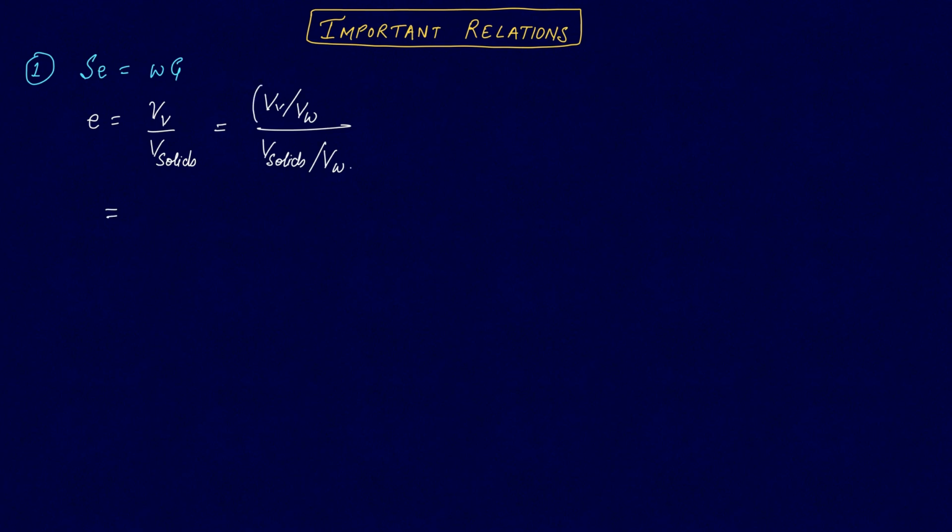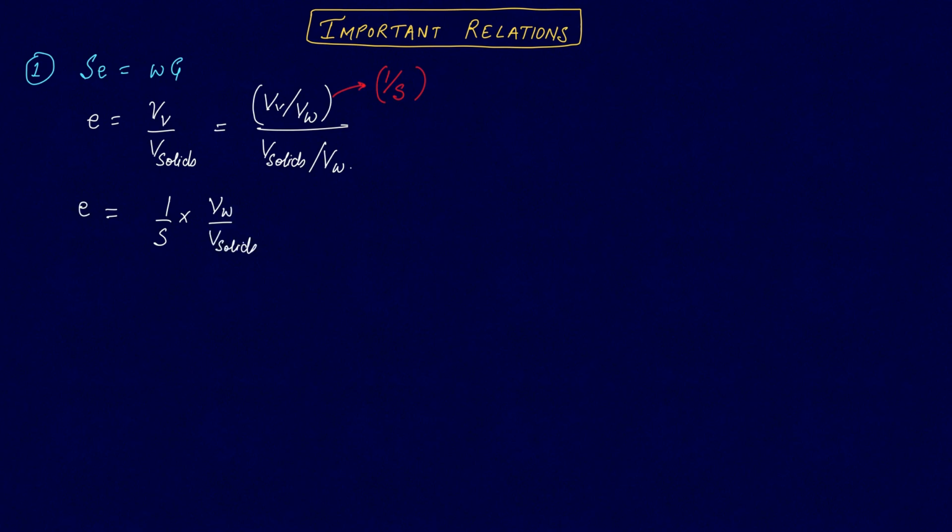What is the numerator? It is simply the inverse of the volume of water to the volume of voids, so you can write that this is nothing but 1 over S. So I can write this as 1 over S times Vw over the volume of solids.